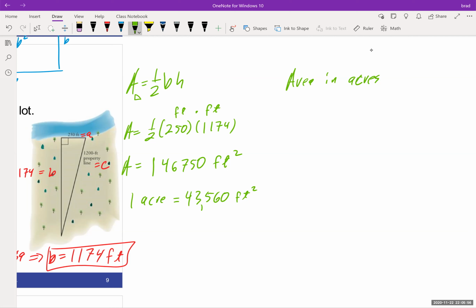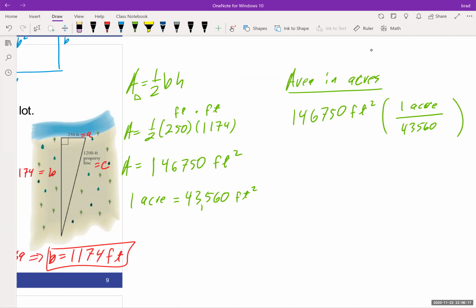Okay. So when I do this, I'm just going to take 146,750 feet squared, and I'm going to multiply it by a special one. I'm going to multiply it by 1 acre divided by 43,560 feet squared.